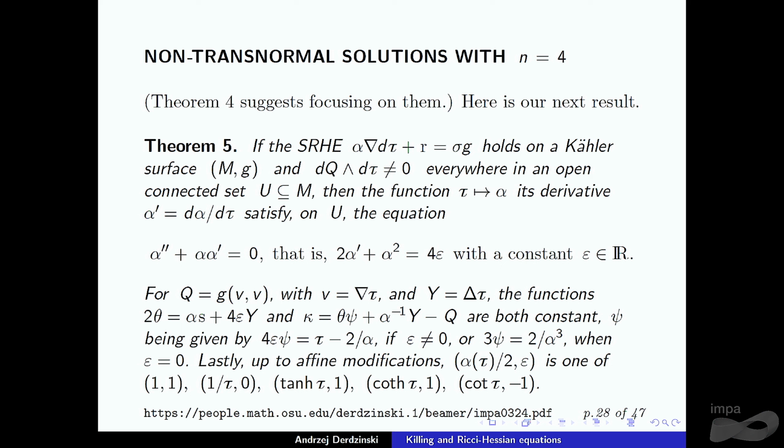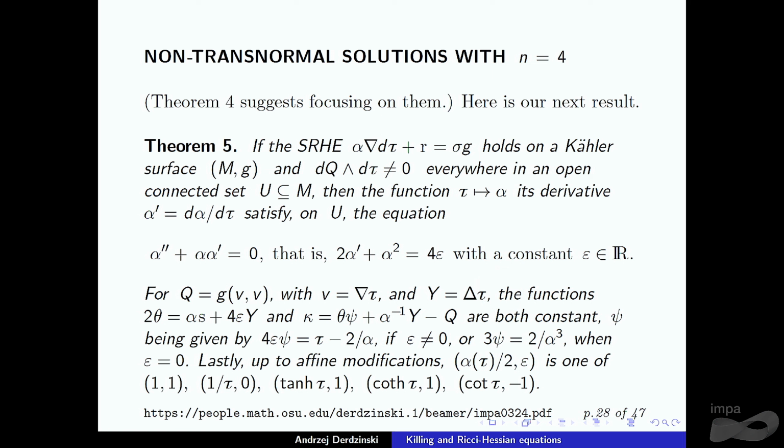Now, I already reduced this discussion to the case of real dimension 4. There is a Kähler surface. I'm assuming that we don't have transnormality, so dq wedge d tau is nonzero everywhere in some open connected set. And then, as I pointed out, this equation here follows, and it can be rewritten like that. That's equivalent to saying that 2 alpha prime plus alpha squared is equal to a constant.